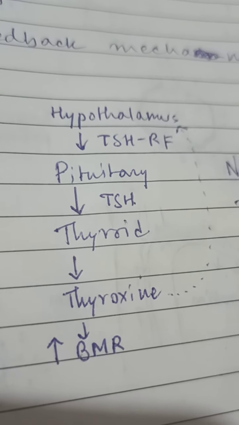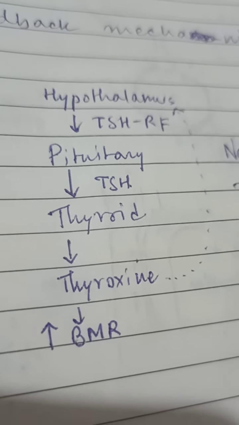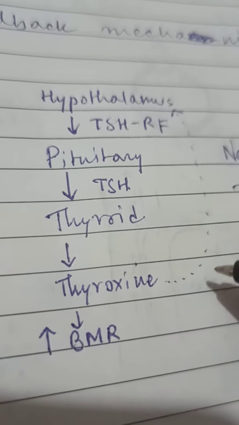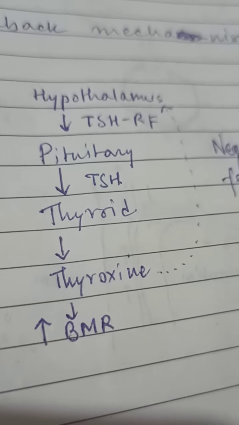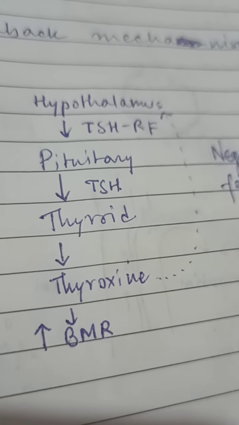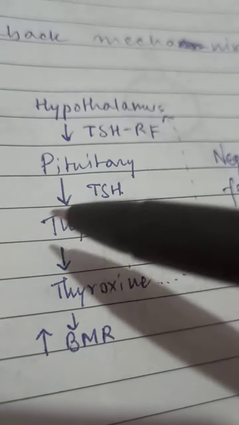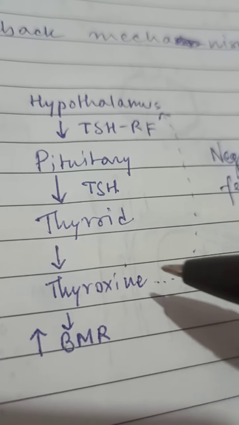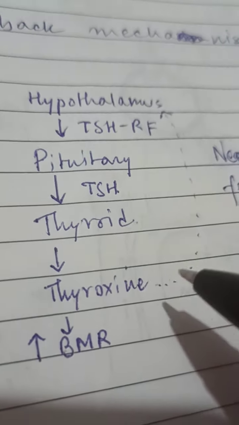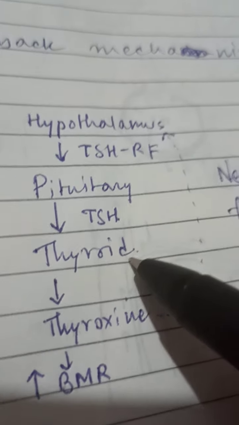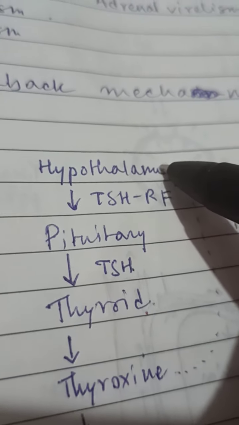Now if that is no longer required, then thyroxine is going to be a problem, because increased BMR is not going to be helpful for the person if it is not necessary. So how does thyroxine finally get secreted? As you know, it is secreted by the thyroid gland, and the secretion completely depends on the hypothalamus.